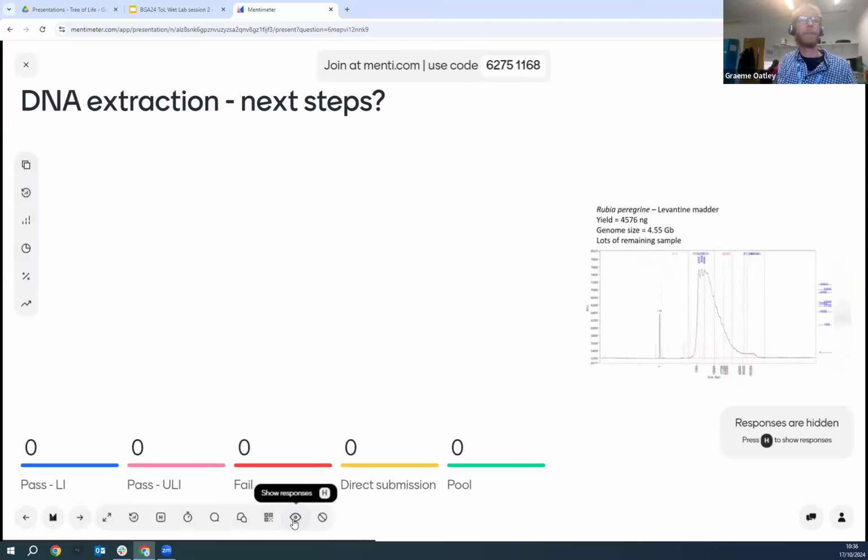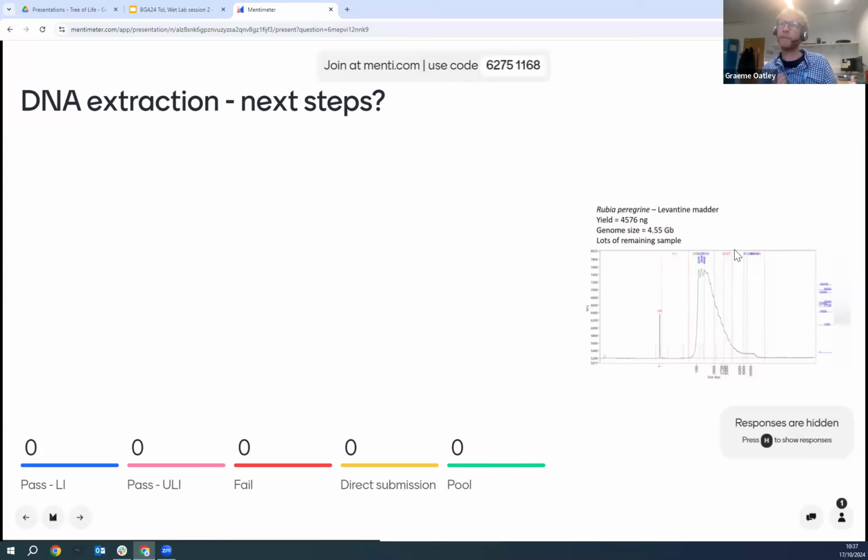Okay. Another plant, really high yield, 4.5 micrograms, lots of material remaining, and a genome size of 4.5 gigabases.